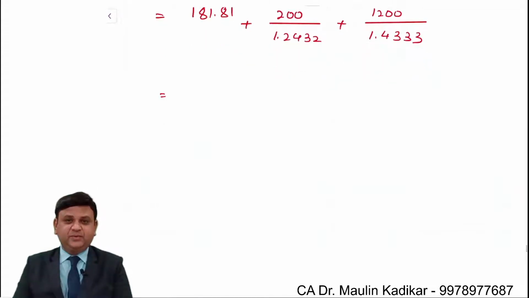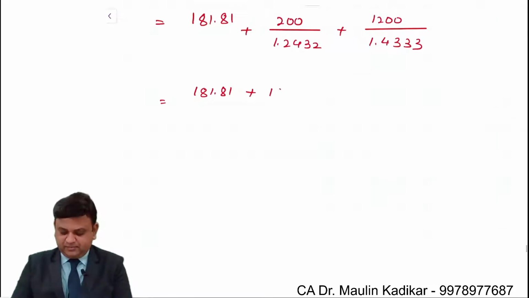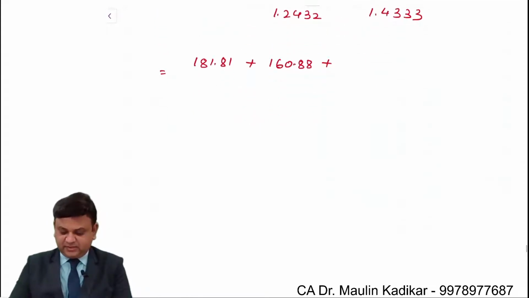So it is 181.81 plus 200 divided by 1.2432, so 160.88, plus 1200 divided by 1.4333, that comes to 837.23.